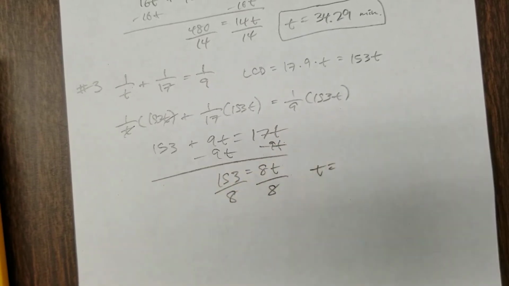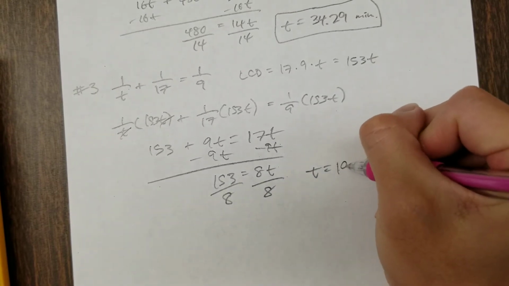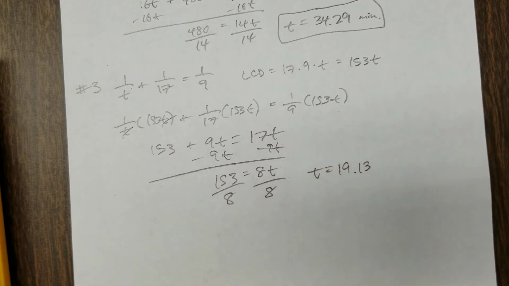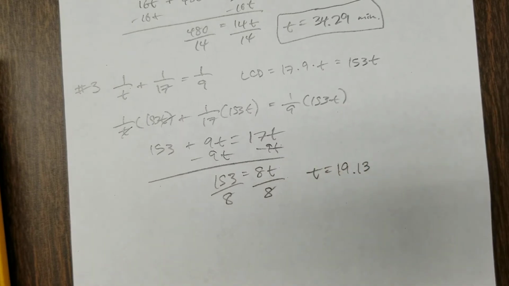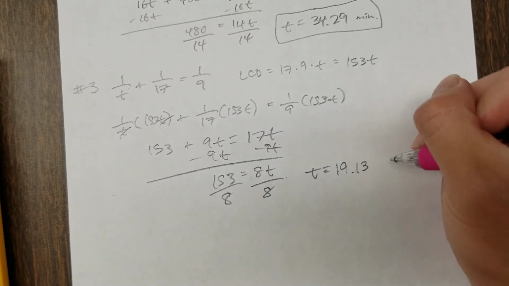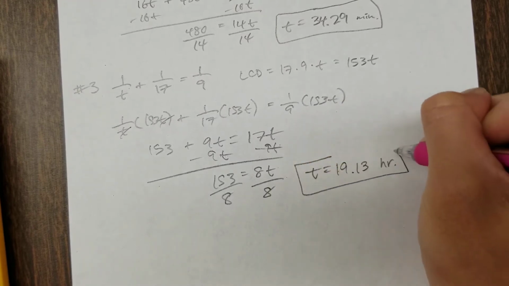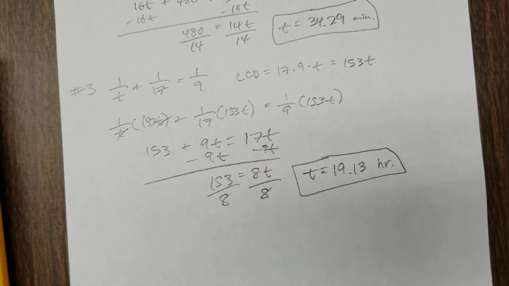So my time is going to be 153 divided by 8. That's going to be 19.13. And in the context of this problem, it looks like that is going to be hours. So 19.13 hours to fill one tank with the small pipe. Alright, so that's the third one.